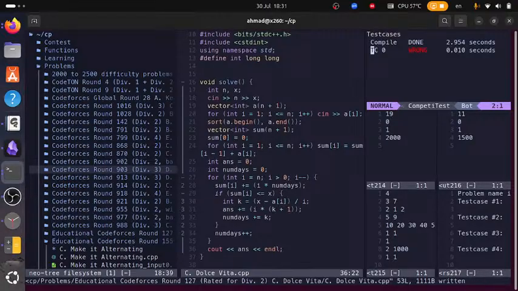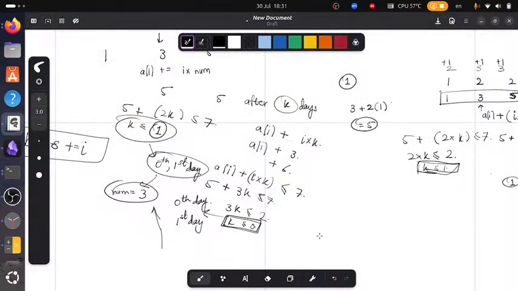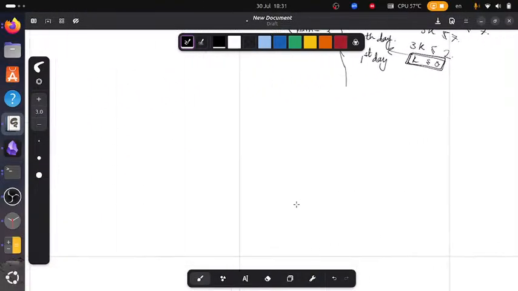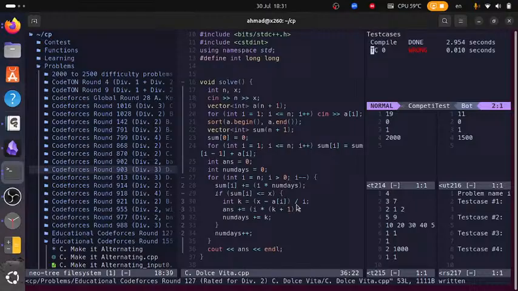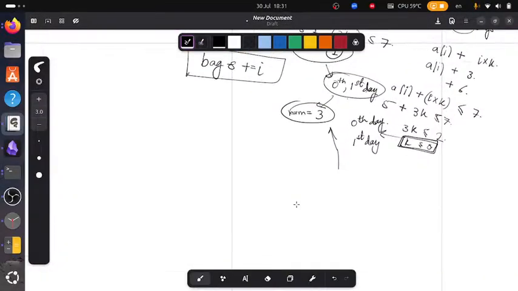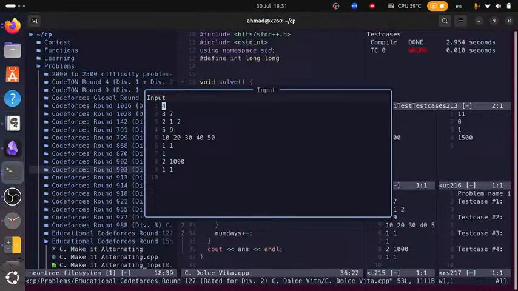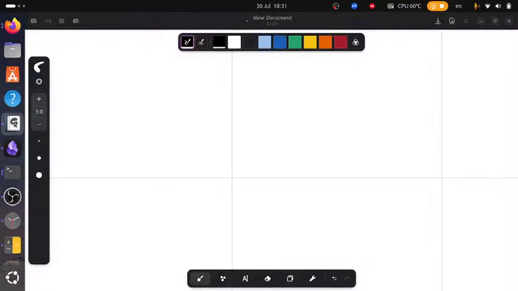So the first sum is 212. On the first day, num days is equal to 0, and the prefix becomes 1, 2 and 1, 3, 3 and 2, 5.